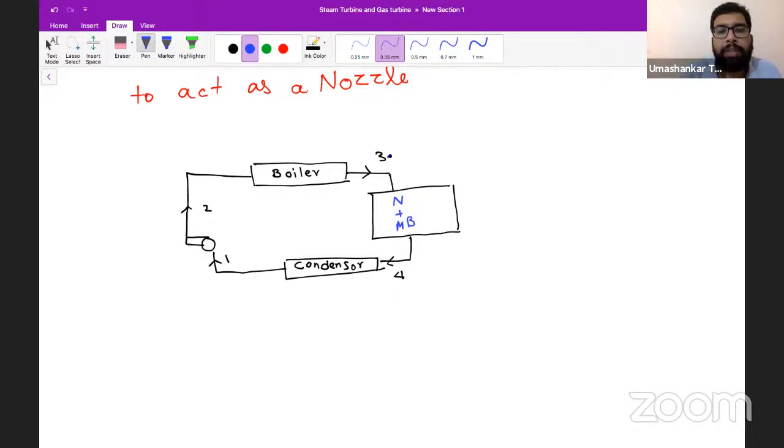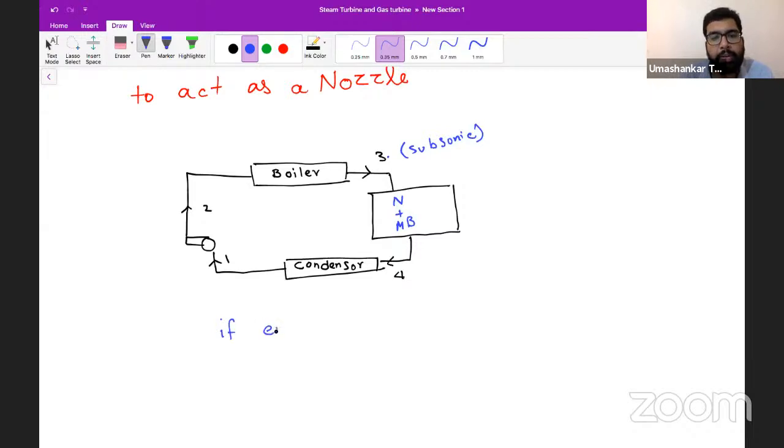Now tell me one thing. If state 3 is in subsonic condition, can we say that our superheated steam is entering the nozzle in subsonic condition? If condition 3 is subsonic, how should the design of your nozzle be?